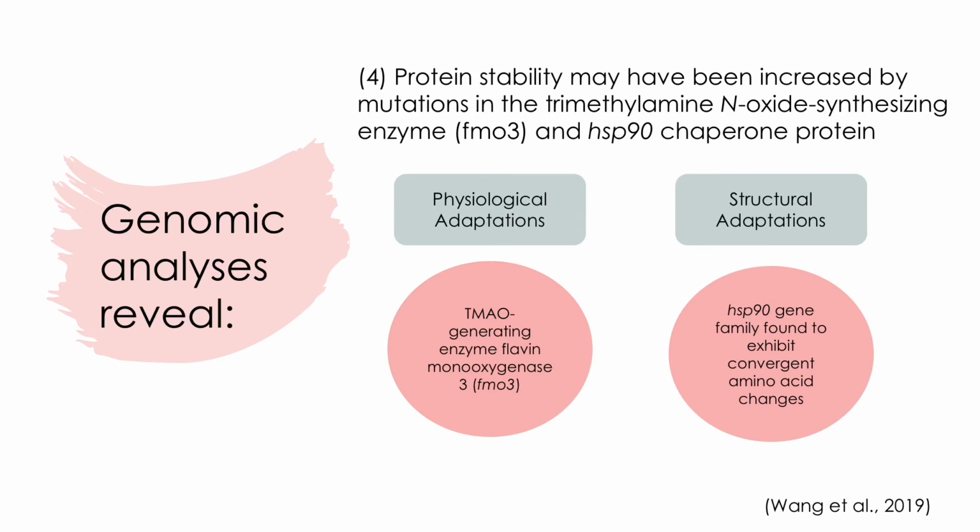Structural adaptations of proteins to deep-sea conditions may include changes in amino acid substitution patterns and protein structure that counteract the effects of pressure on protein function. The only gene family found to exhibit convergent amino acid changes was a gene called HSP90. HSP90 is an evolutionarily conserved and highly abundant molecular chaperone that promotes the correct folding and activation of over 200 proteins.